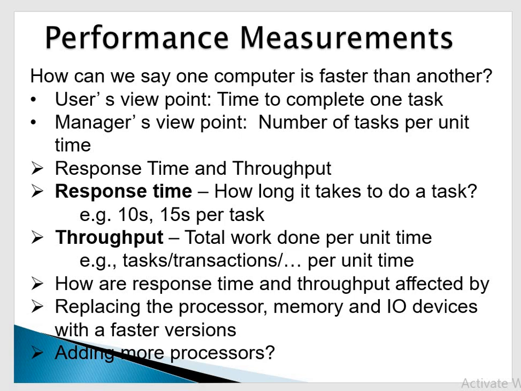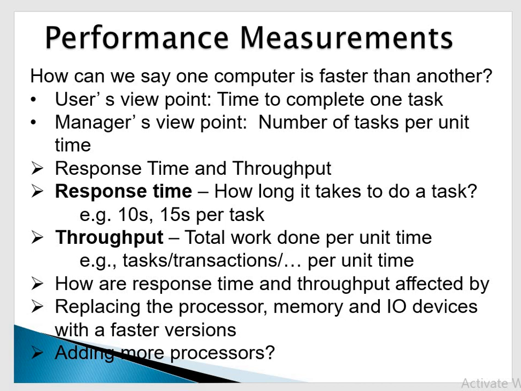So response time or throughput can be improved by replacing the type of processor, the processing speed of the processor, the type of memory, and IO devices with faster versions. Naturally, response time will reduce and throughput will increase. Another way is by adding more processors.